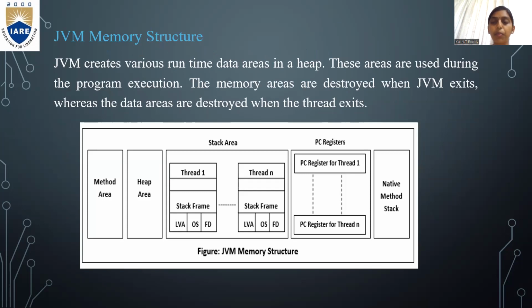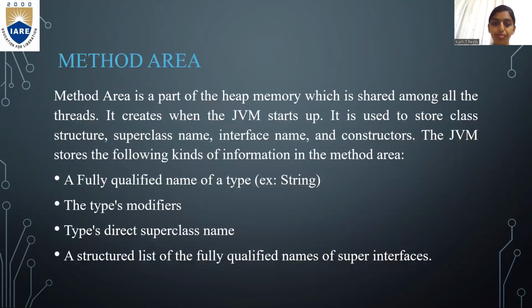So here you have a main point: when the JVM exits, the memory areas are destroyed, and when data areas are destroyed, that means threads exit. You can see in the picture that a JVM structure has method area, heap area, stack area, PC registers, and native method stack. This is the memory structure of the JVM, as you can see in the picture shown below.